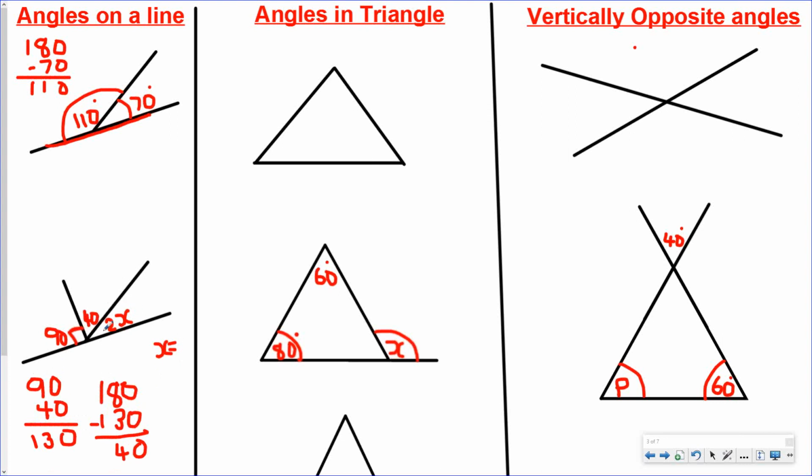Now, Raina, what do you think the 2x would equal? 2x is equal to 50.